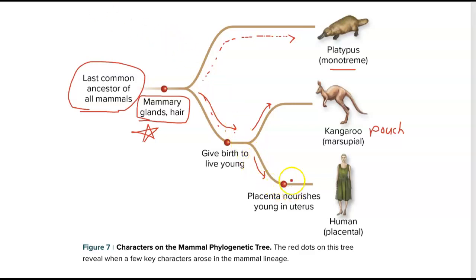Placenta nourishes the young developing in the uterus. Placental mammals. This is where humans fall. We are a placental mammal. As all of us were developing, mom developed a placenta, and that nourished us during our embryological fetal development until we were born.